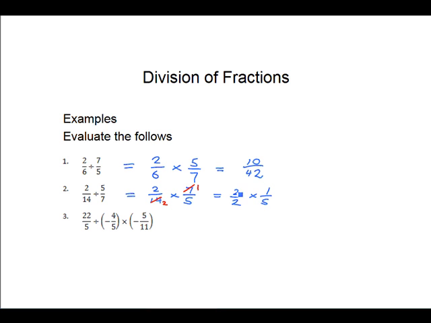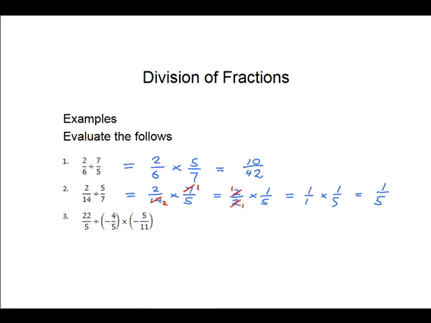And if you notice, we can cancel here. So the 2 goes into 2. Okay, nothing else cancels. So our answer will be a fifth. So 1 times 1 is 1, and 1 times 5 is 5.